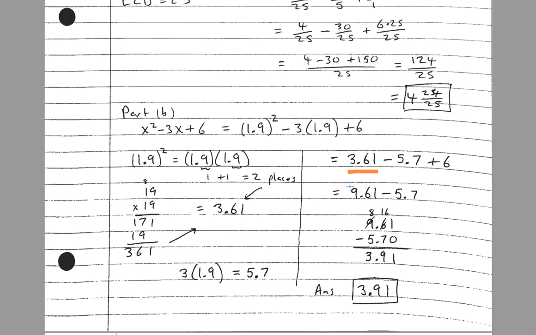So that's 1.9 squared. 2 squared is 4, so this is a bit less than 4. Next, we'll do the multiplication. 3 times 1.9, that's 3 times 19 is 57, and give it one place, so 5.7.